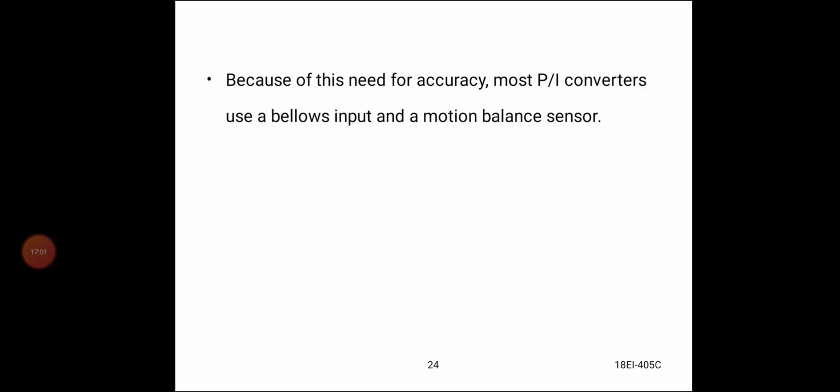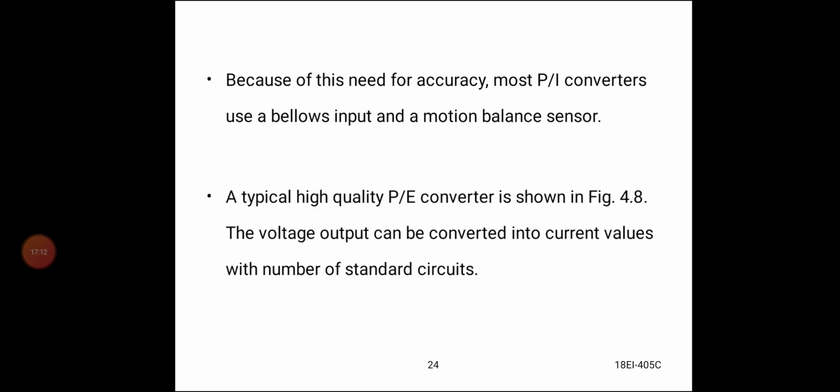Because of this need for accuracy, most P2I converters use bellows input and a motion balance sensor. A typical high quality pneumatic to electronic converter is shown in the figure. The voltage output can be converted into current values with a number of standard circuits.